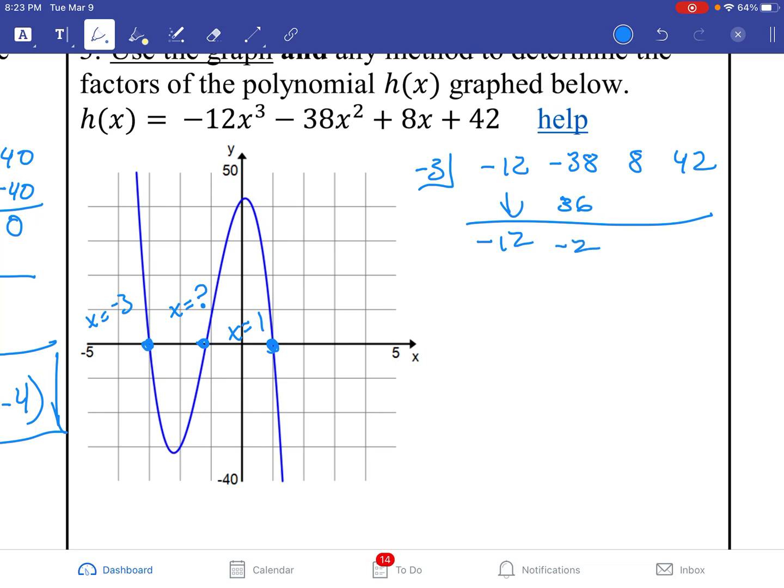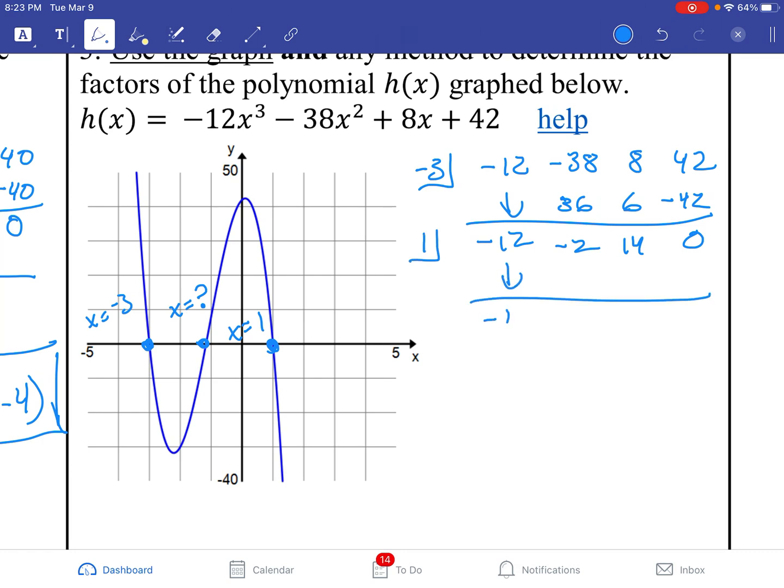Negative 3 times negative 2 is going to be positive 6. 8 plus 6 is going to be 14. And negative 3 times 14 is negative 42, which gives me 0. So now with my values that I just got, I'm going to do the synthetic division again, but this time with 1.